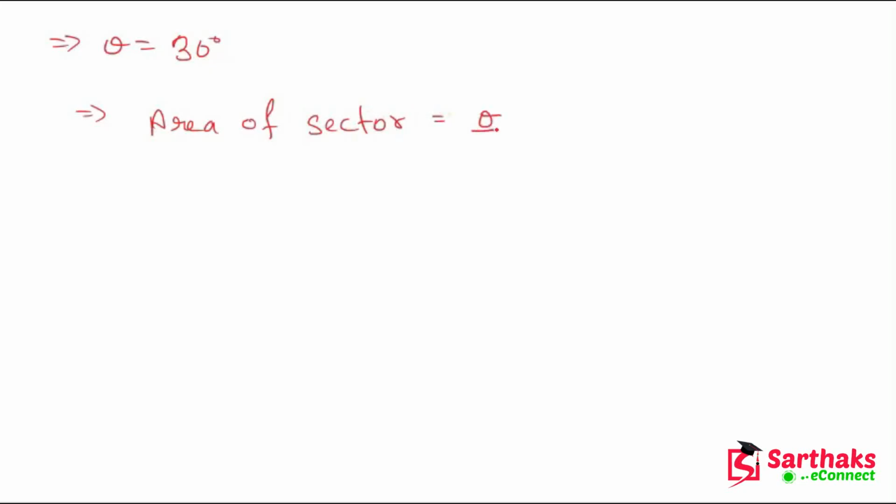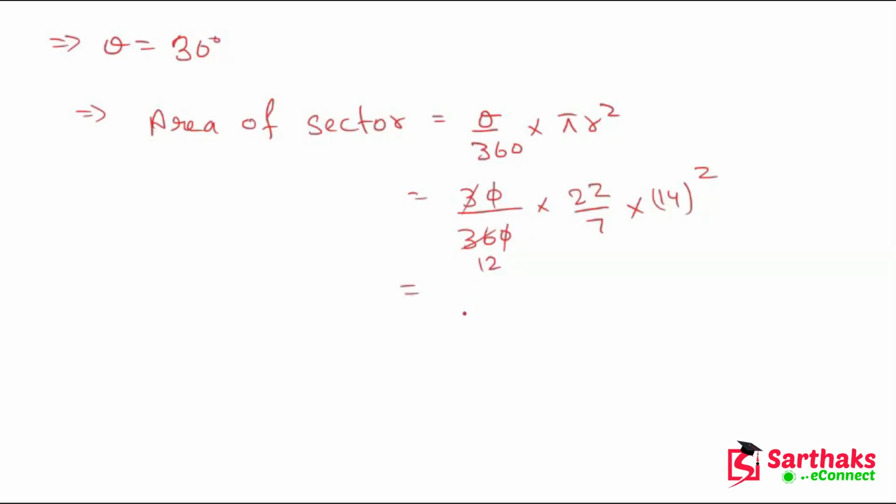So the area of sector is equals to theta upon 360 into pi r square, and we have theta 30 degree upon 360 into 22 upon 7, and radius is 14 square. If we cancel, we get 12 times. So we have 1 upon 12 into 22 upon 7 into 14 into 14.